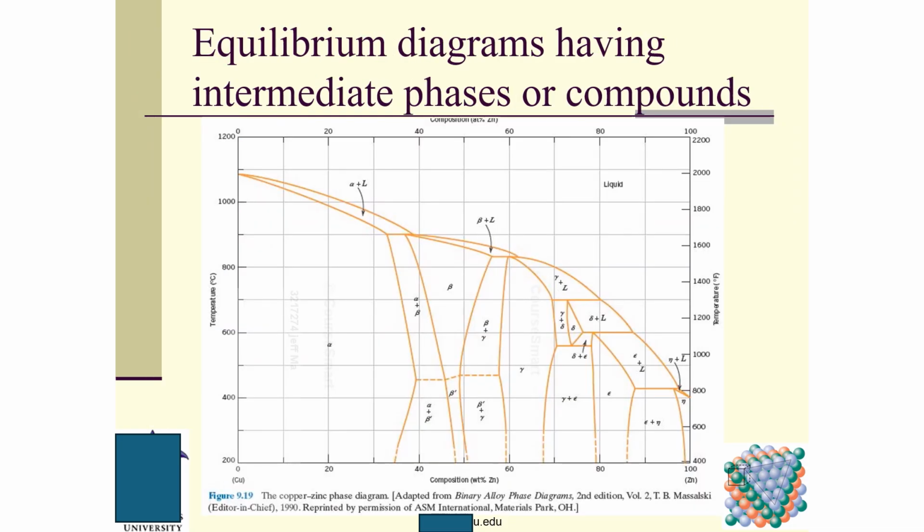Then we talk about equilibrium diagrams having intermediate phases or compounds. This is very interesting. We just talked about the phase diagram of lead and tin and also copper and zinc for brass.